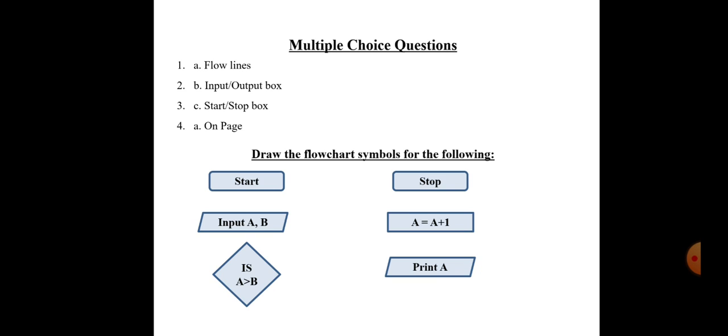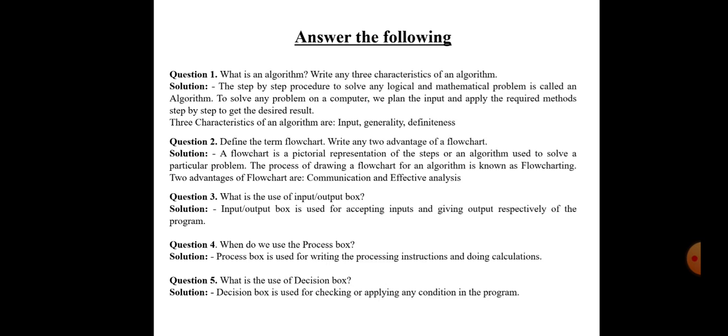let us move on to the next, that is answer the following questions. The first question is, what is an algorithm? Write any three characteristics of an algorithm. What is the solution for this question? The step-by-step procedure to solve any logical and mathematical problem is called an algorithm.